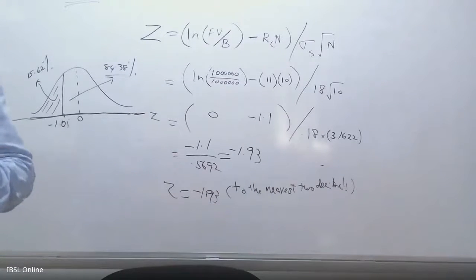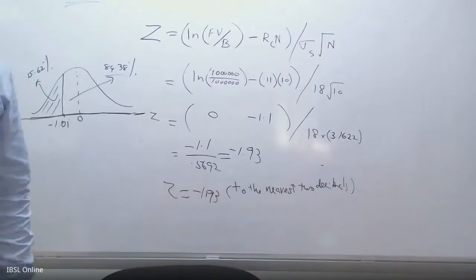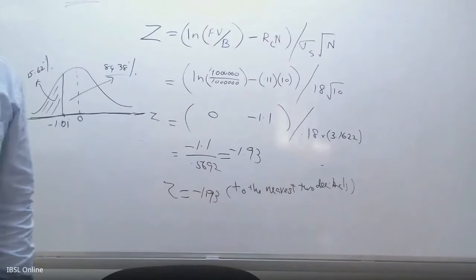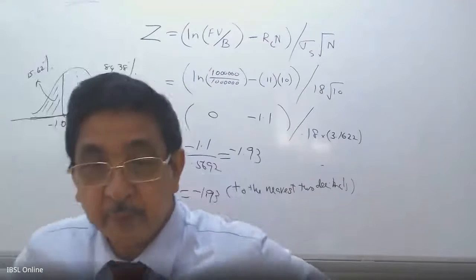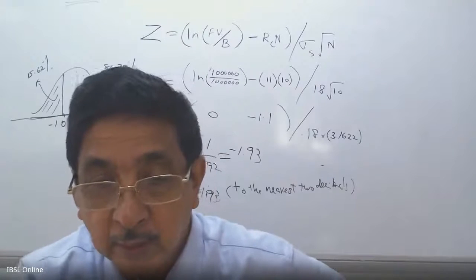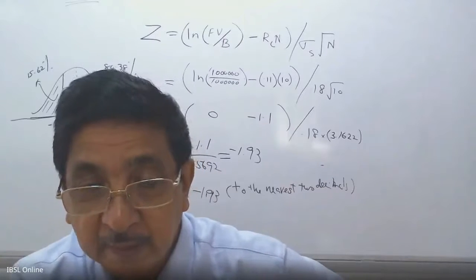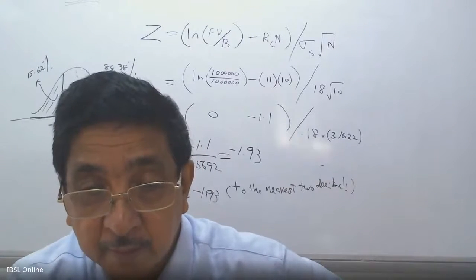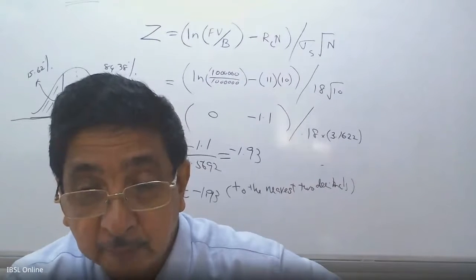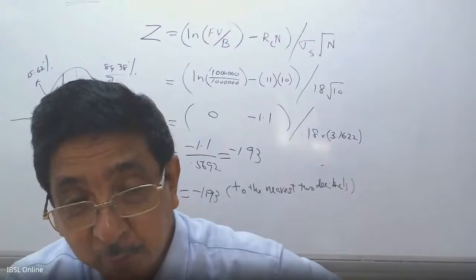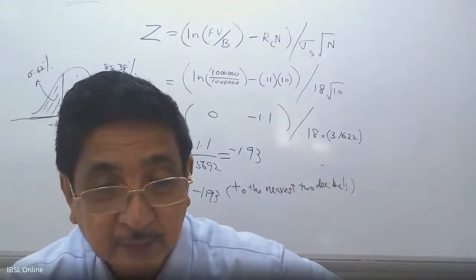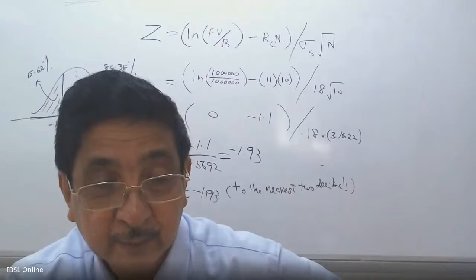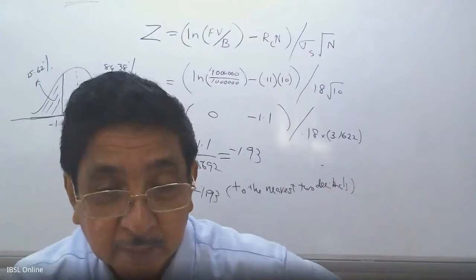Now when you say 1.93, we will find it through the normal curve tables. I think some of the people have got it. As per the 1.93 value, we can get the probability. Now we are trying to get the losing probability, so we will see how it can be done.